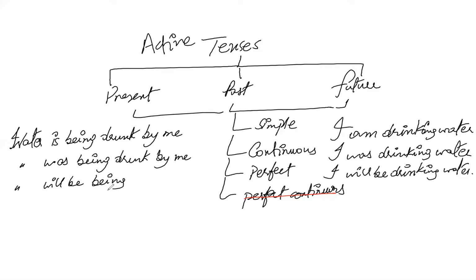Uh-oh, we cannot do this, right? Because will be being, that doesn't make sense. So yes, it kind of does not make sense on purpose, because you do not have future continuous passives.